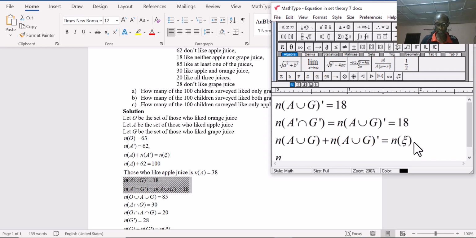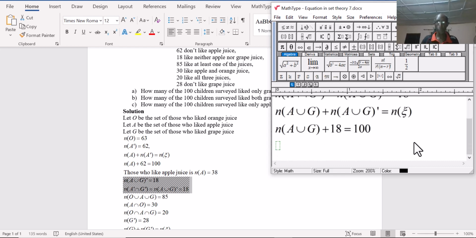So this one will be A union G plus 18 is equals to 100. So A union G is equals to 82.